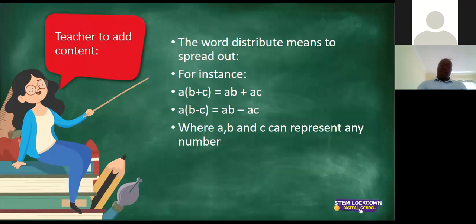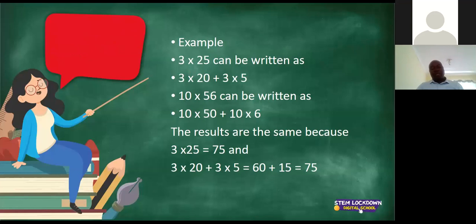Now, I've got an example here which I'm going to talk about. We have got 3 multiplied by 25. And if you look at 3 multiplied by 25, if you want to apply the distribution law, you can do so.